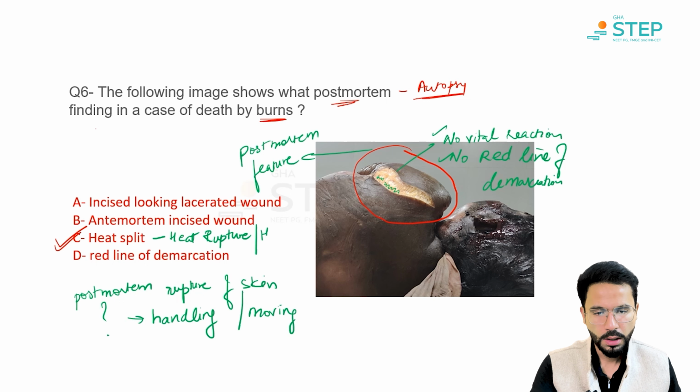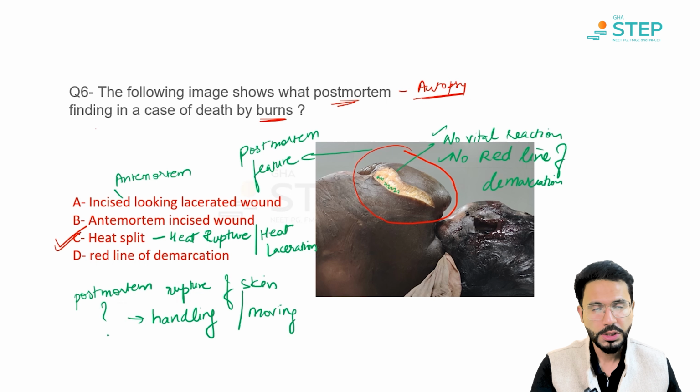Heat split, also known as heat rupture or heat laceration, is a post-mortem feature, whereas incised looking lacerated wound is an antemortem feature. And antemortem incised wound is a wound caused by a sharp weapon which has clean cut margins. What is red line of demarcation?